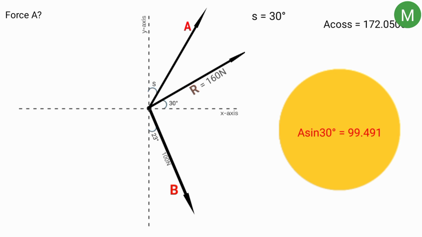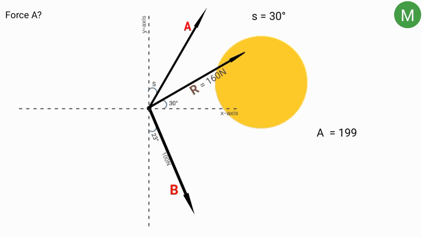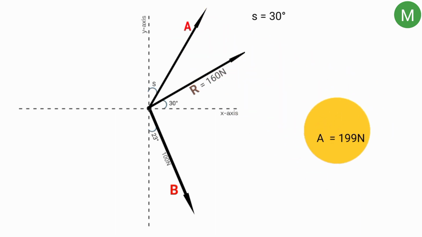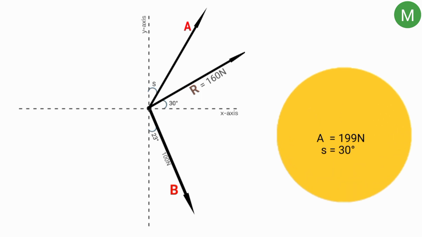Now A sin 30 degrees equals 99.491. To find A, we divide both sides by sin 30. So A sin 30 degrees over sin 30 degrees equals 99.491 over sin 30 degrees, which equals 198.982, approximately 199. So force A now equals 199 Newton, and we found angle S to be equal to 30 degrees.